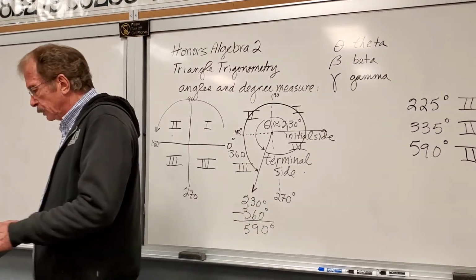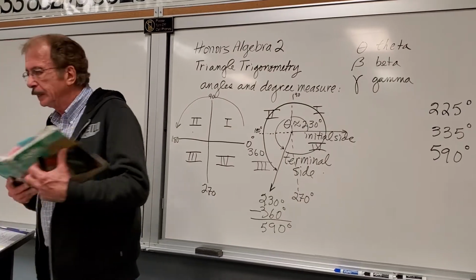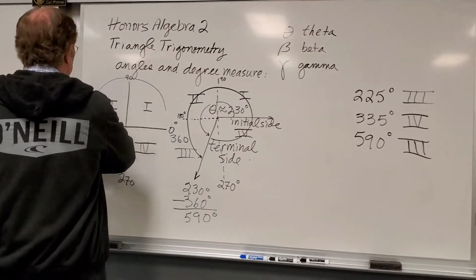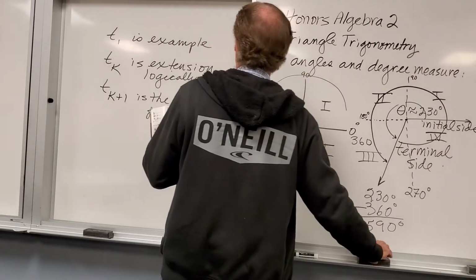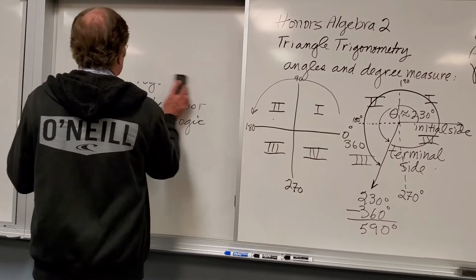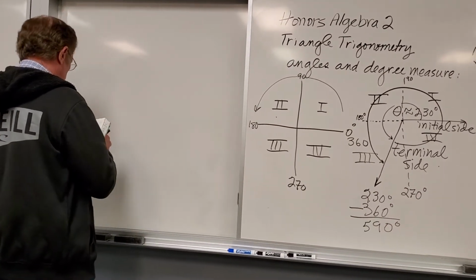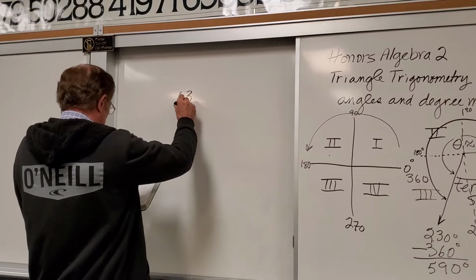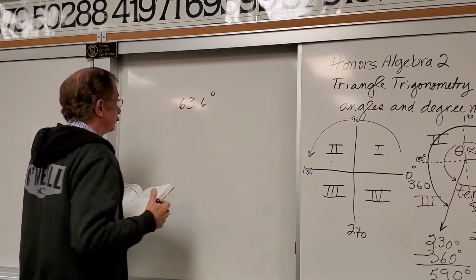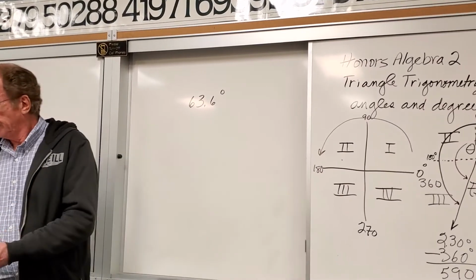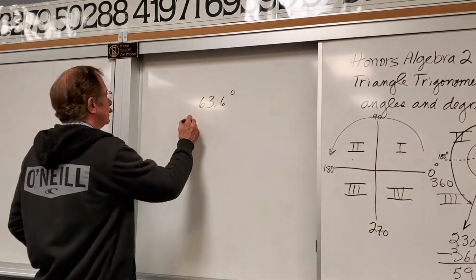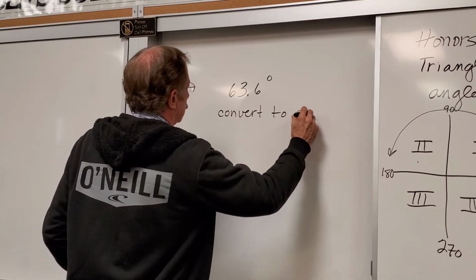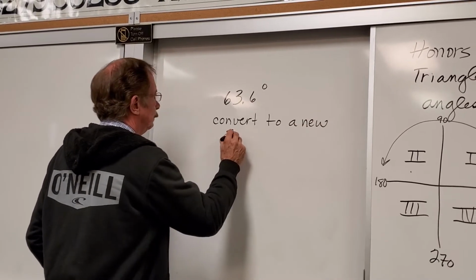All right, I'm going to show you one other thing, and that is probably the most frustrating part about this assignment. So I'm going to move the board over here and give you an example of what I'm talking about. 63.6 degrees. Now, I'm asking you to convert this to a new system.